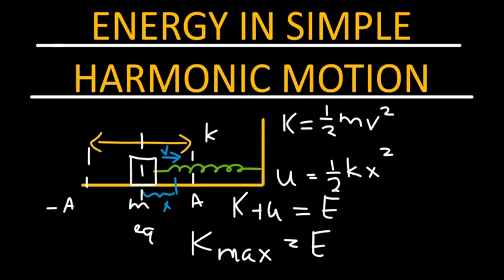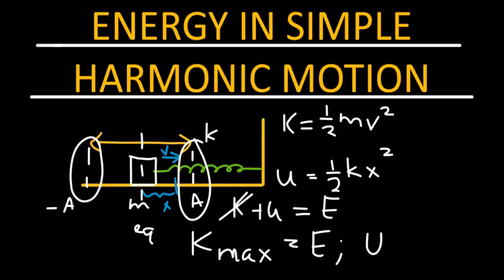Likewise, when the block gets to the extreme positions, namely when it is at the amplitude location, it stops. That means there is no kinetic energy and there is only elastic potential energy. In that case, we write U max, so the elastic potential energy is maximum there, equals the total mechanical energy. Now let's look at the problems.